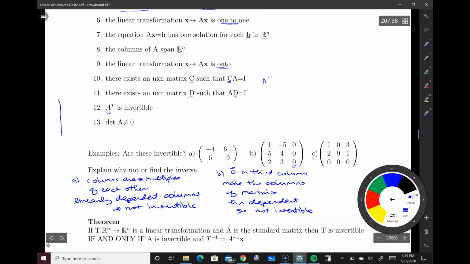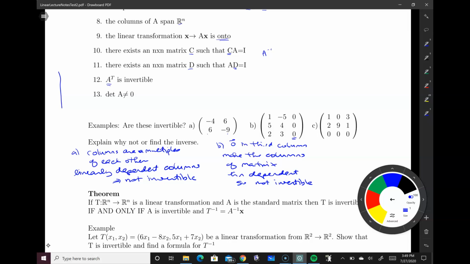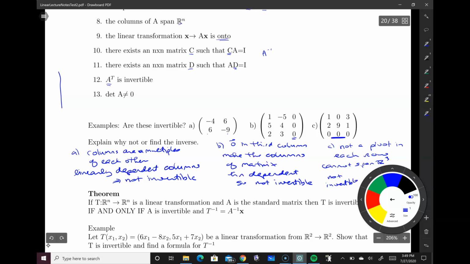All right, and this last one here, I see I have a row of zeros. So for part C, there is not a pivot in each row, so it cannot span R3, so that means it's not invertible.